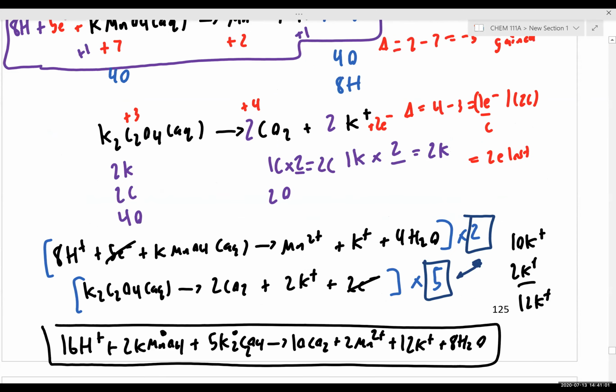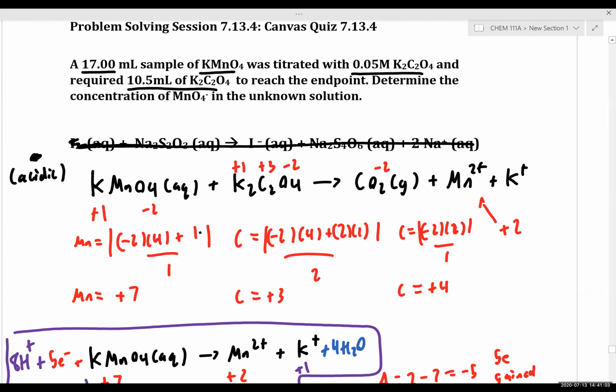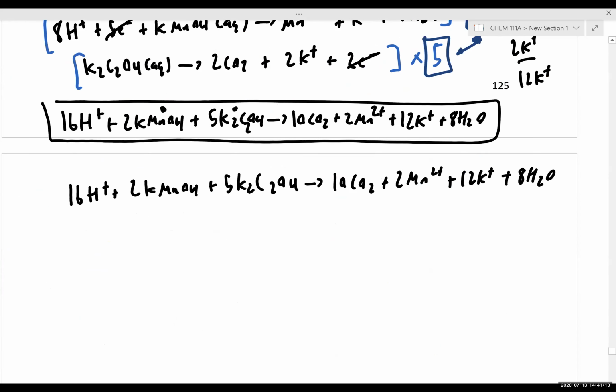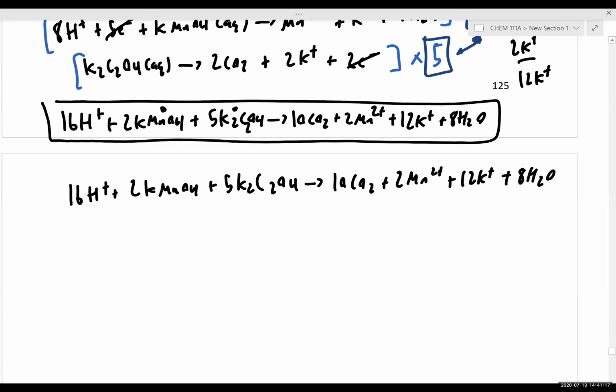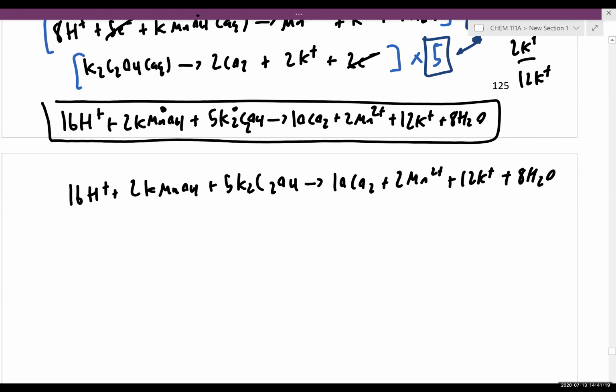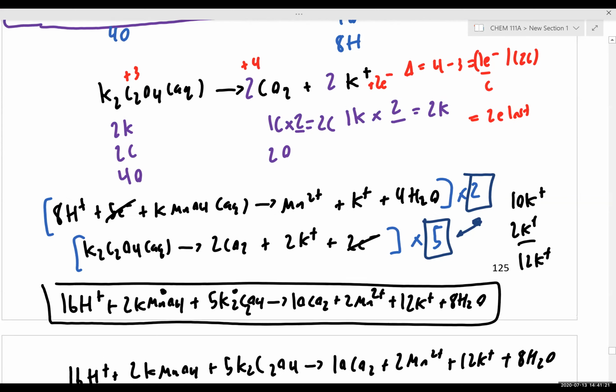Okay, so let's write down the information that we know. We have 17 mils of permanganate. We have 0.05 molar potassium oxalate and 10.5 mils of potassium oxalate. So let's just write those down really quickly.